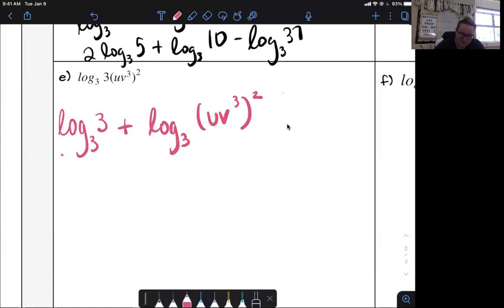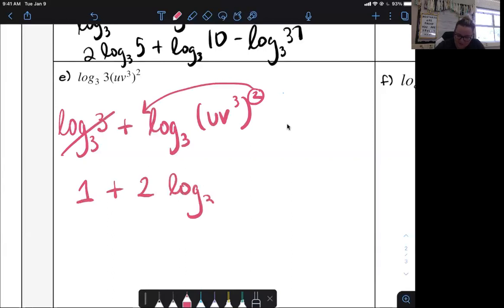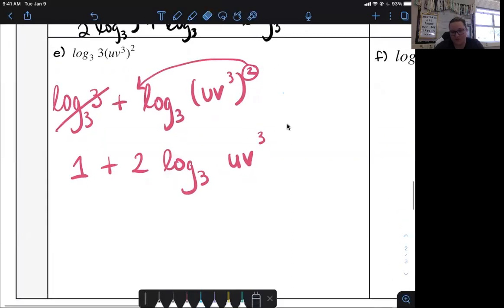And then the log base 3 of 3 is 1. We can bring this 2 out in front, and we're going to have 2 times the log base 3 of uv cubed.